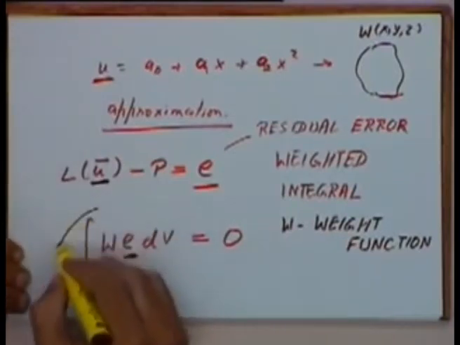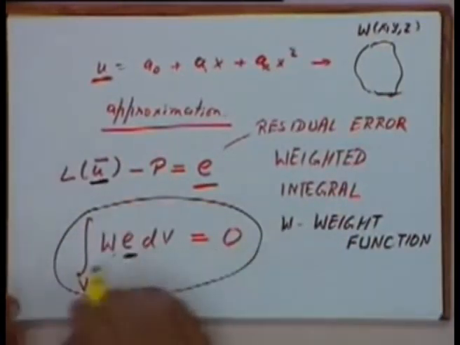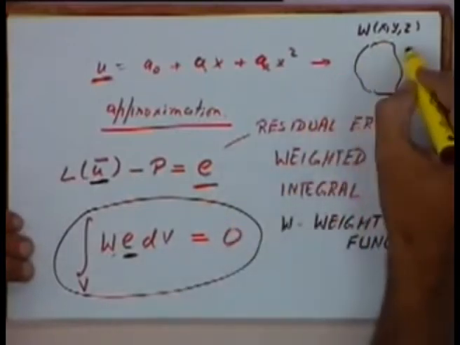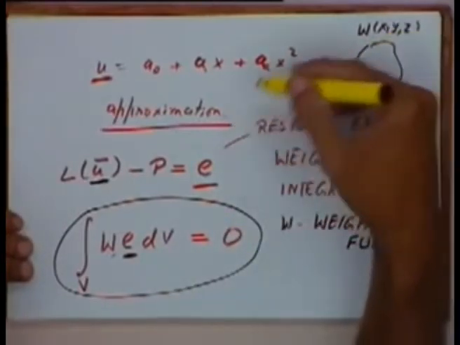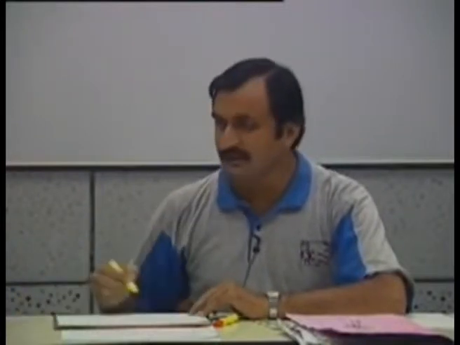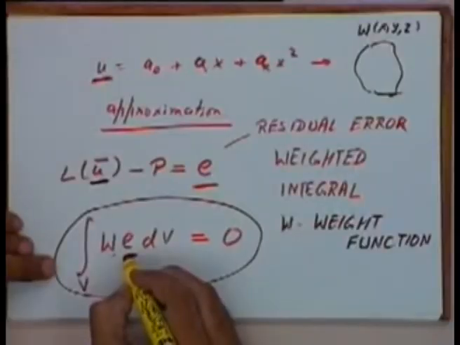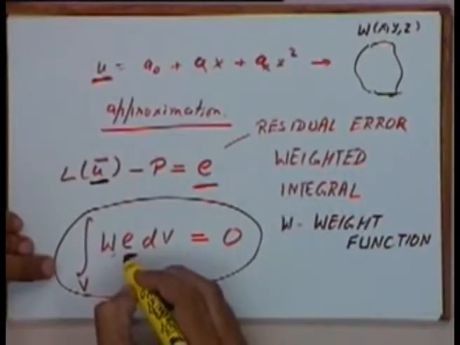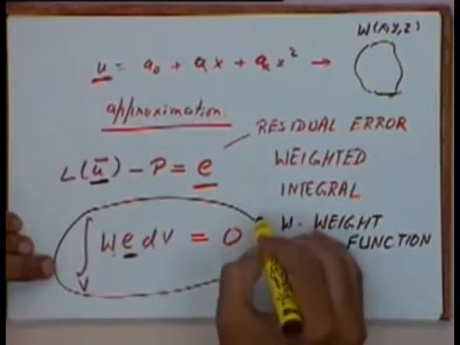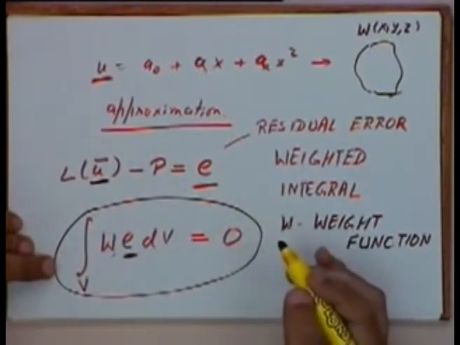Okay, this integral is 0 for any arbitrary w, whether w is constant, whether w is varying linearly or quadratically or in any arbitrary way, and this integral is still 0. When can that happen? That can happen only when E is 0.